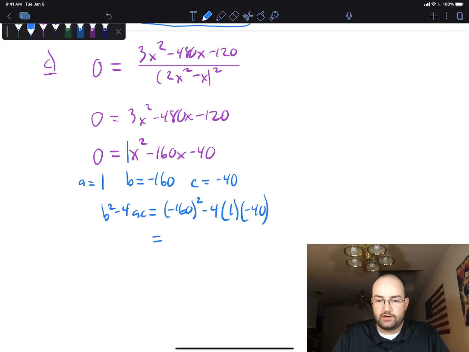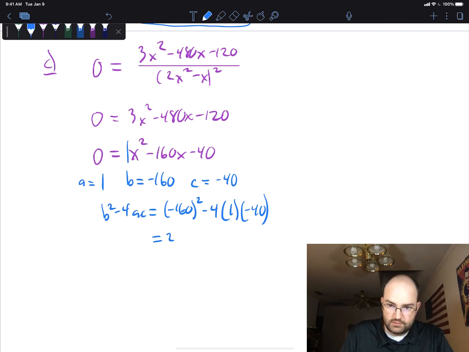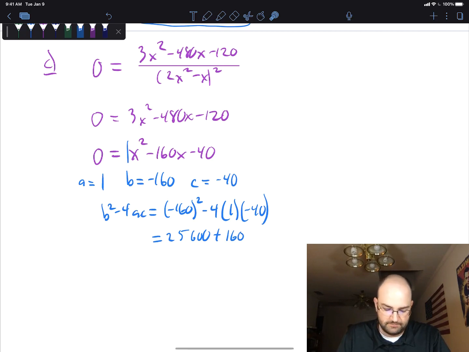And this is where I get my calculator out because I do not know what 160 squared is. Well, that's 25,600. And then I'm going to add on that 160. It's plus because there's a negative and a negative.